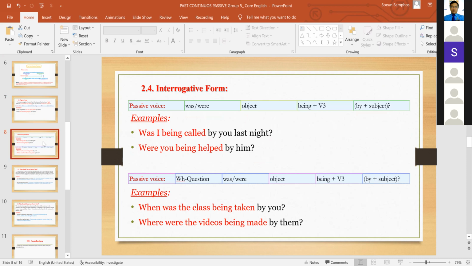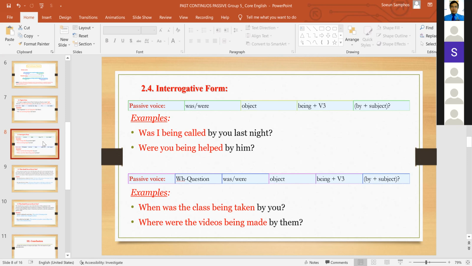This slide is the interrogative form. We put was, were plus object plus being plus verb 3 plus agent. Example: was I being called by you last night? Were you being helped by him?